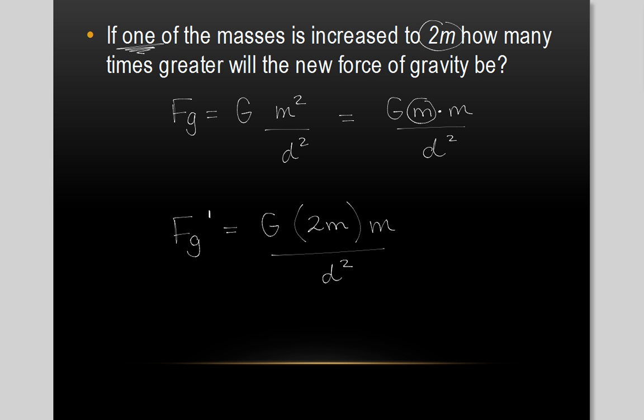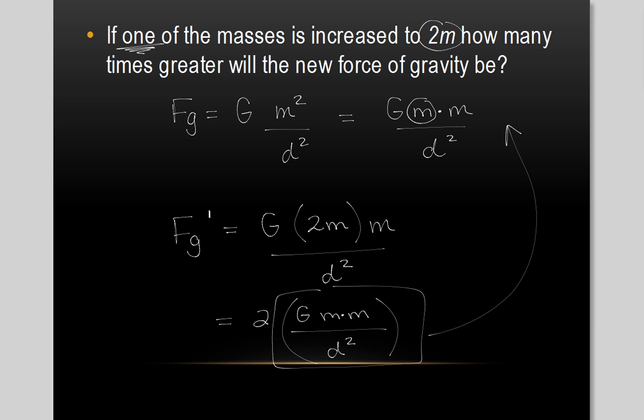So what we can do is basically just slide that 2 out to the front, and then we'll have G m m over d squared. And G m m over d squared is exactly the formula that we started with. That's Fg. So we can replace that with Fg.